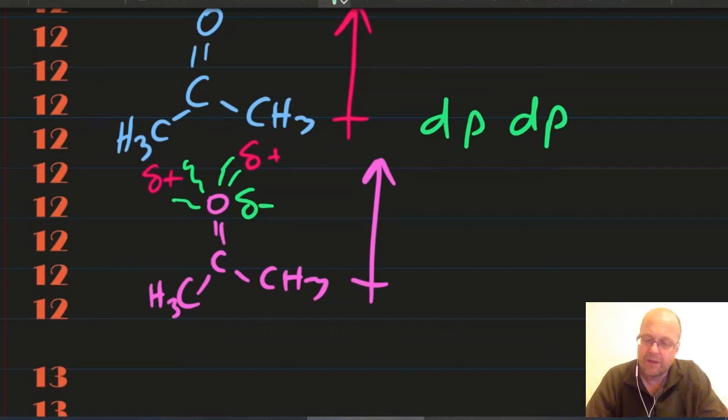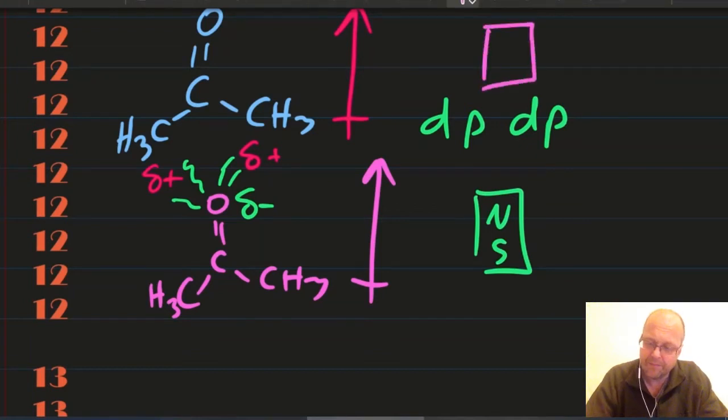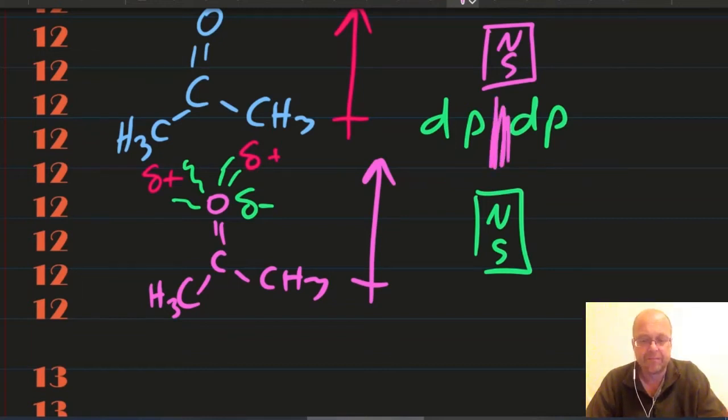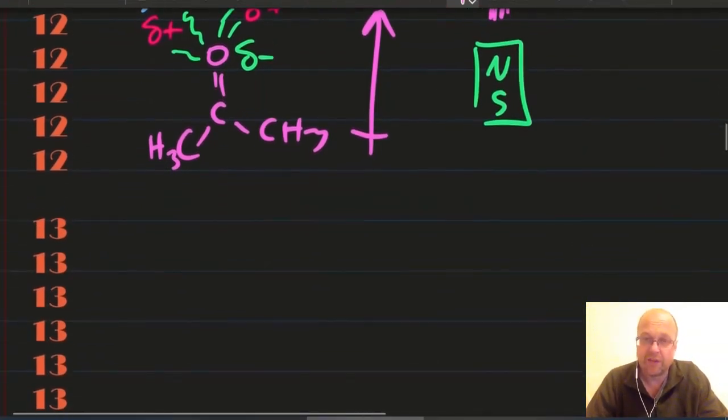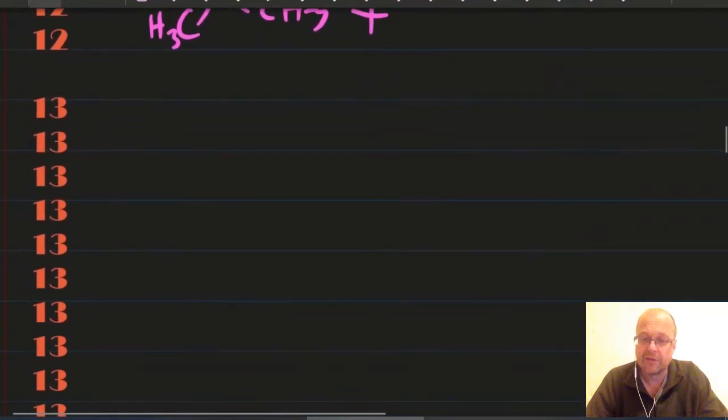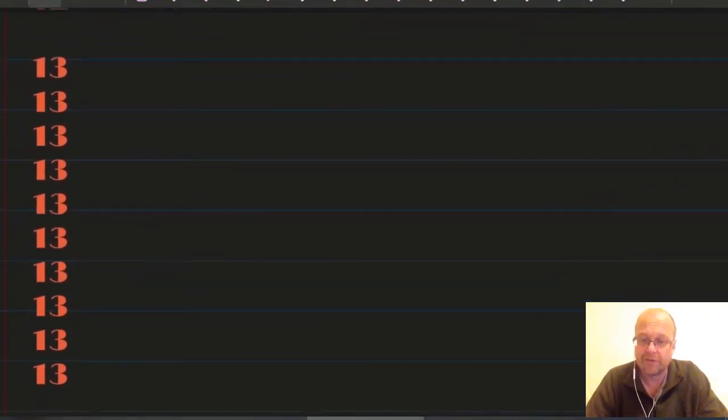Dipole-dipole. They're behaving like little magnets. It's like having a north and a south, and a north and a south, and they're attracting. Now they've asked for the strongest intermolecular force because, of course, anywhere there's electrons and protons, you're going to have London dispersion forces.